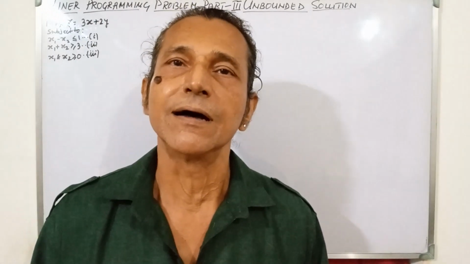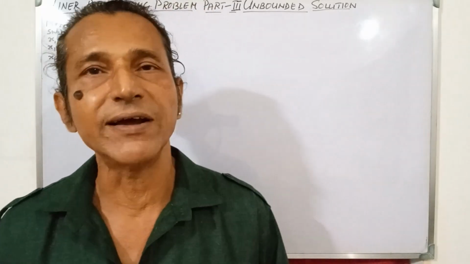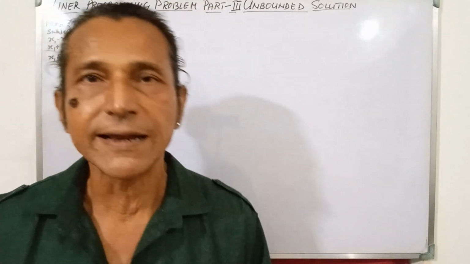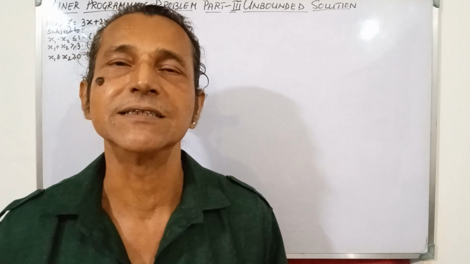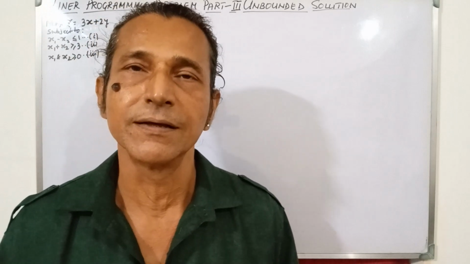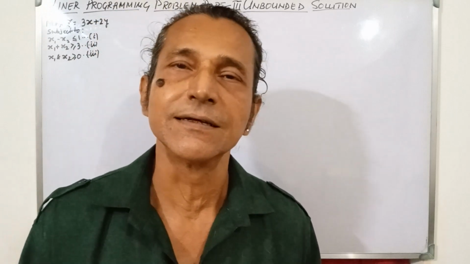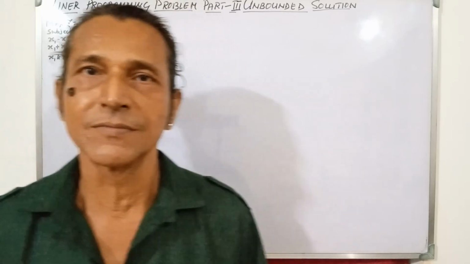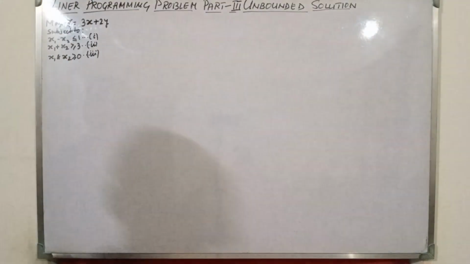When the values of the decision variables are allowed to increase infinitely, then an unbounded solution is said to exist. In such cases, the value of the objective function can also be increased infinitely. So let us take an example and discuss its mathematics.